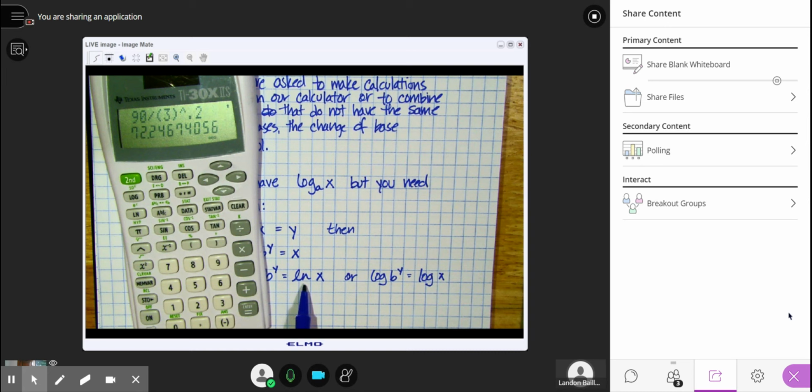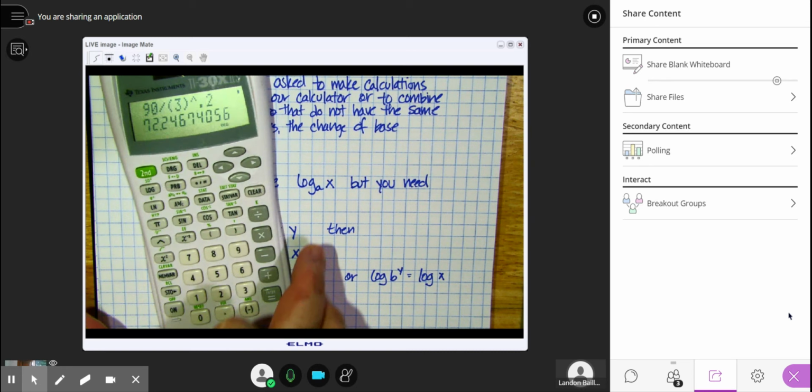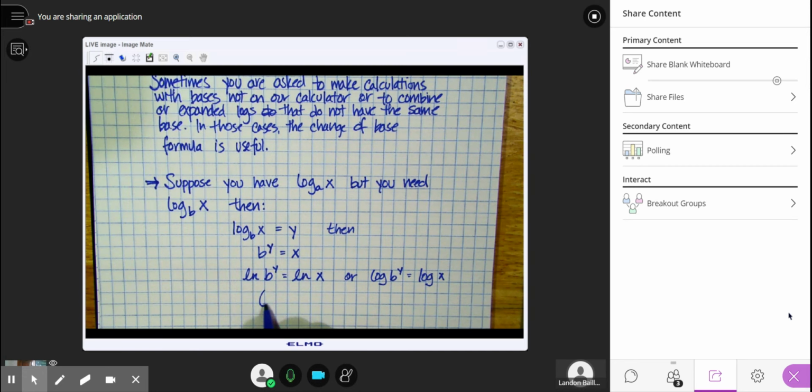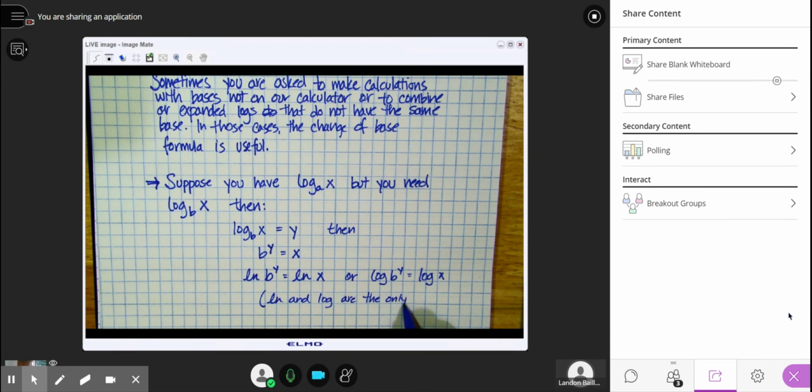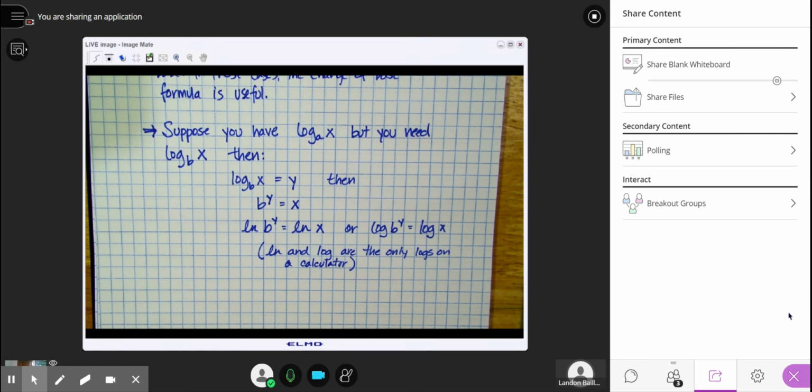What do an ln and a common log have in common? ln and log base 10 are the only logs on a calculator. So most often we use the ln or the log because they are the only two on the calculator to use.